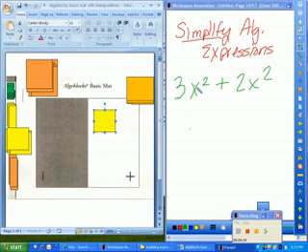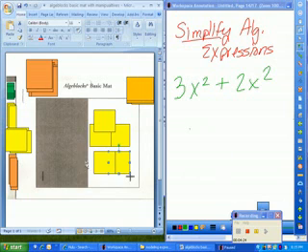And because it's 3 times x squared, that means we need 3 groups of x squared. So we've got 3x squared. Now I'm going to add another 2x squared. So what is 3x squared plus 2x squared? What happens when I put them together?